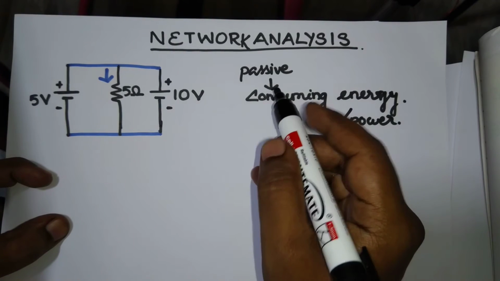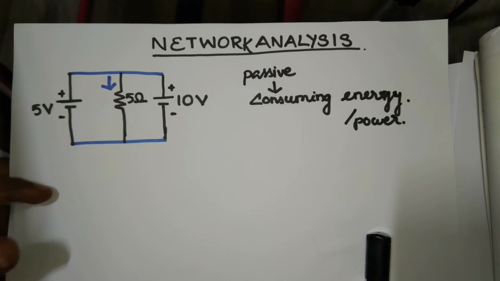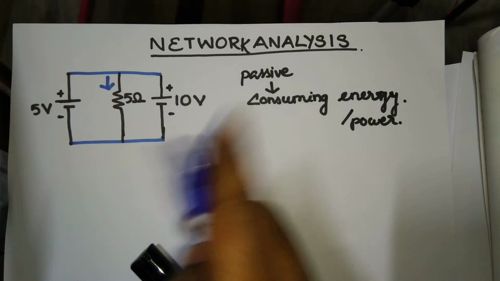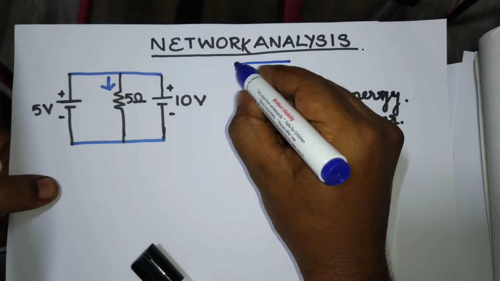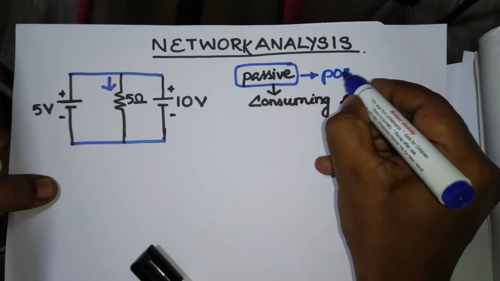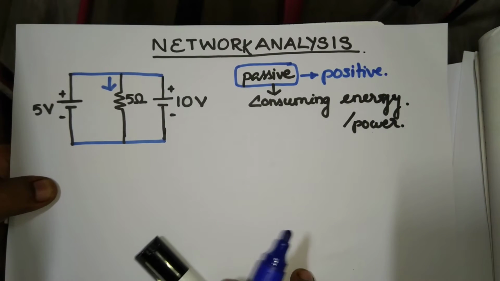Okay, and also if you observe carefully, anywhere you see an R value or L or C value, all these three components are passive components, and we always see they are positive. All passive elements have positive values.